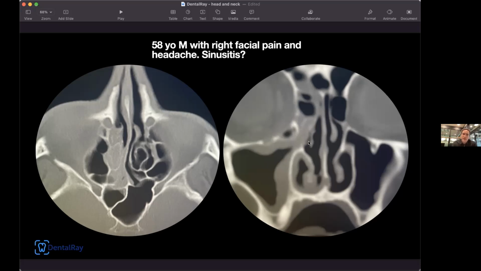But we're noting here, so this is the middle turbinate in the nasal cavity, that this side should look more like the left side, where you have this nice contour of this delicate bone and the mucosa that surrounds it. And over here, it's not even there anymore. It's like something is pushing through it and destroying it.